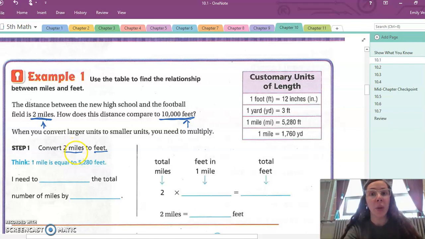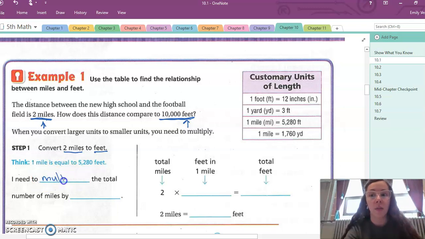Miles is the big unit, so for step 1 here, I need to what? Multiply or divide the total number of miles by some number. When we go from big to small, look back at the notes you just wrote down. What operation do we do when we go from big to small?